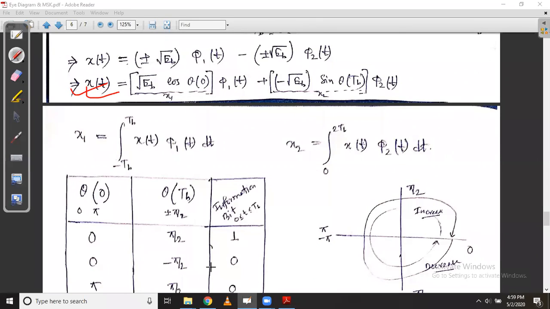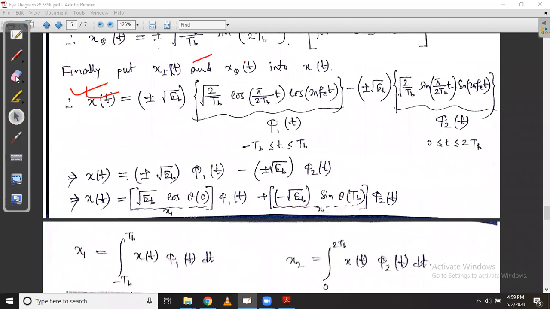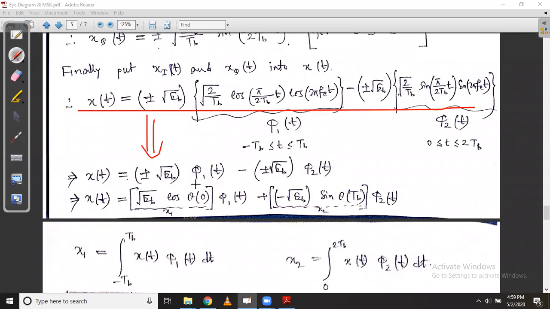Okay, one thing. Why are we interested in phi? Actually, our main expression, suppose this one. In the case of MSK, our main expression is this one, but we converted this expression into one which consists of the phi1, phi2 basis functions. The reason behind it is to draw the constellation diagram. Why are we interested in the constellation diagram?